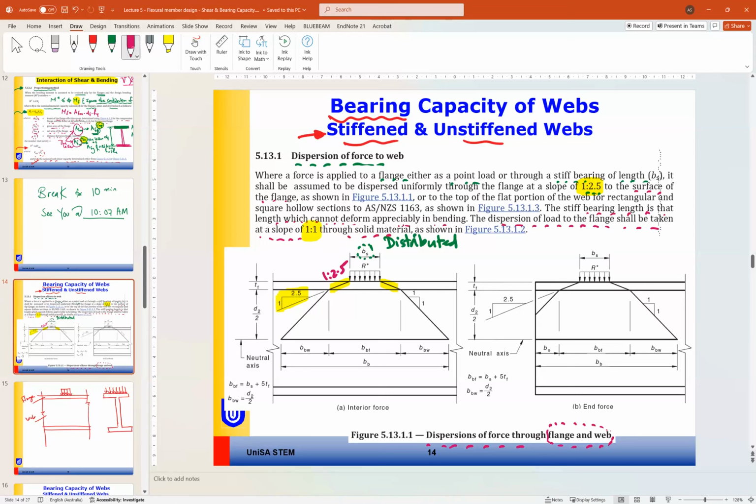So after the load transfers through the flange using a slope of 1 to 2.5, in the web it will take a different slope, which is 1 to 1. So 1 to 1 in the web and 1 to 2.5 in the flange.